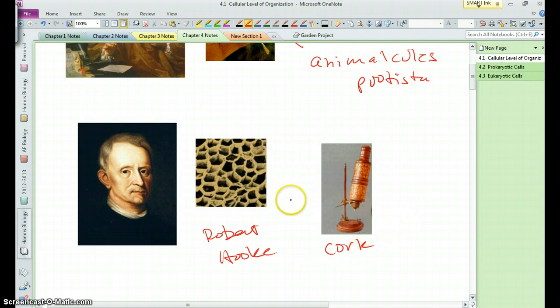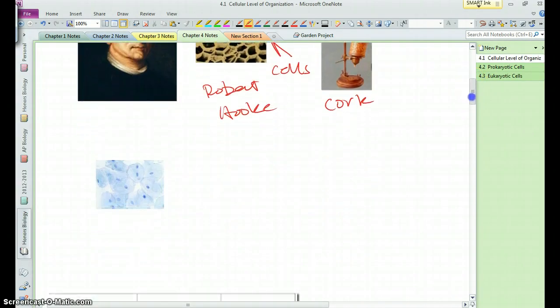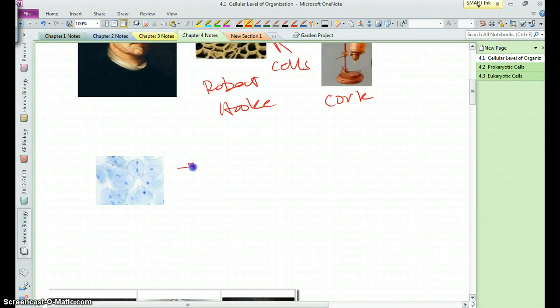And so based on what he saw, he coined the term cells, because they look like the cells in a monastery, which are the rooms in a monastery, which you can also think of as the rooms in a jail, the cells. They were nice, orderly, about the same size and everything.